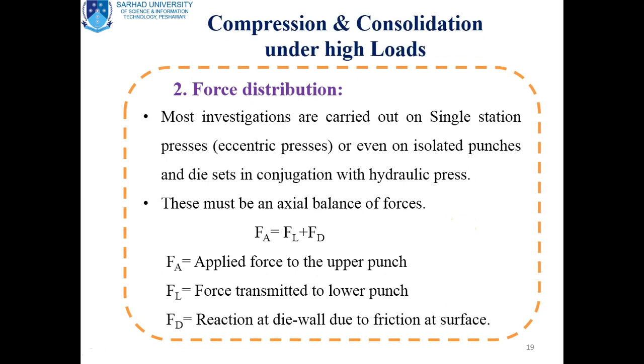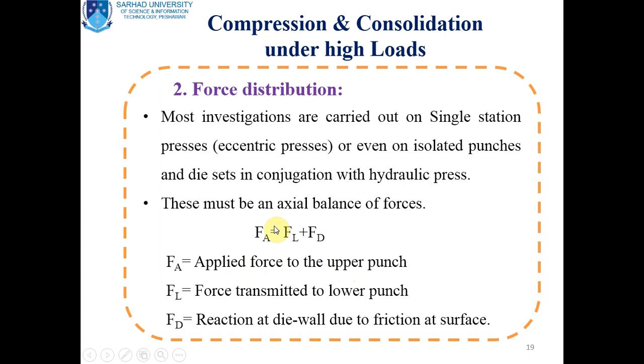The second factor is force distribution. Most investigations are carried out on single station presses, also termed eccentric presses, or even on isolated punch and die sets in conjunction with a hydraulic press. There must be an axial balance of forces, which can be expressed using this equation: Fa is equal to Fl plus Fd, where Fa is the applied force to the upper punch.